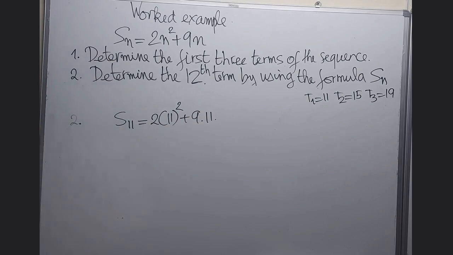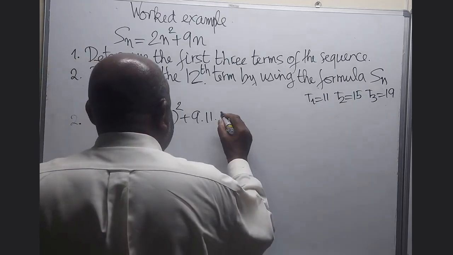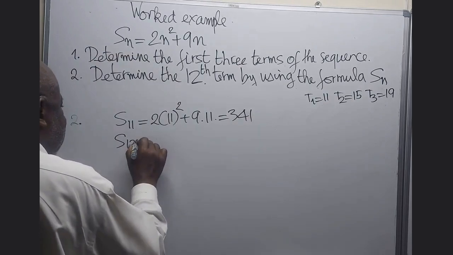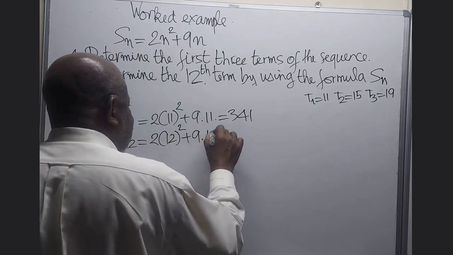Then we're going to take the calculator. 2 times 11 squared plus 99. Then we're getting 341. And S12 will be equal to 2 times 12 squared plus 9 times 12.